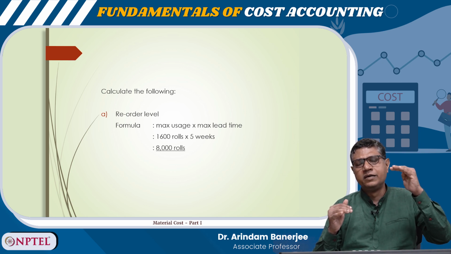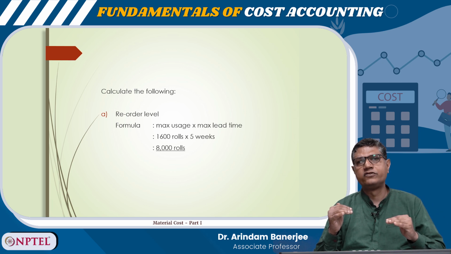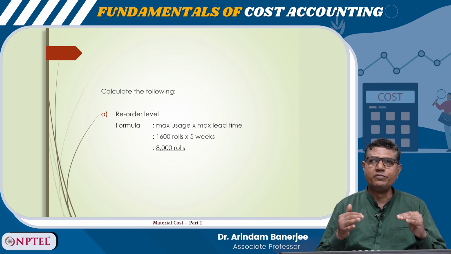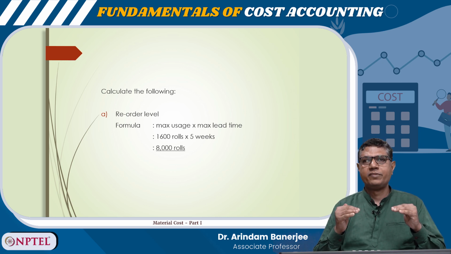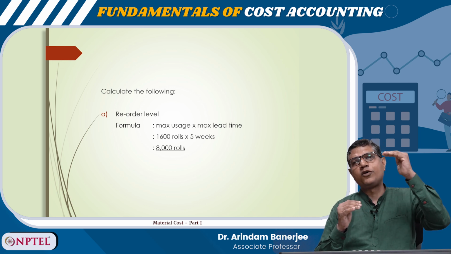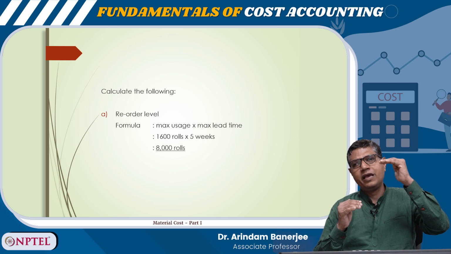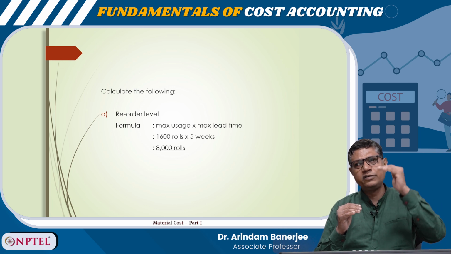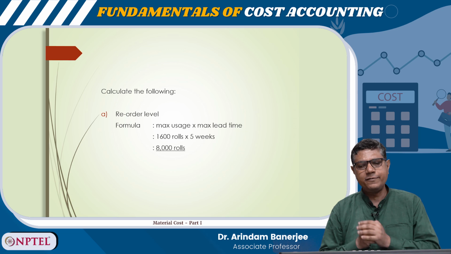So, the company needs to maintain a minimum level of stock at any point of time. It has to decide what minimum level of stock it should maintain, and from there it will place a reorder, a new order for raw material, and then again the stock level will go up, again issuance will happen, and it will come down, so it will go like this, right.